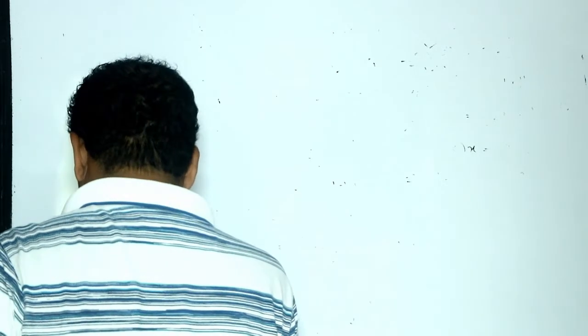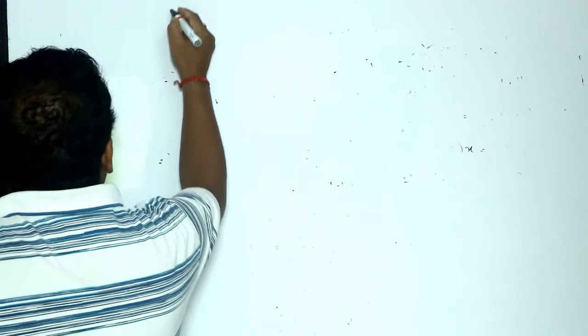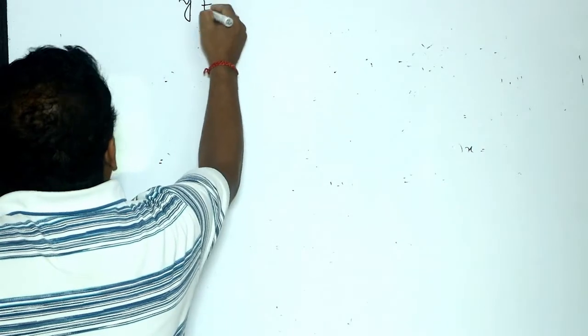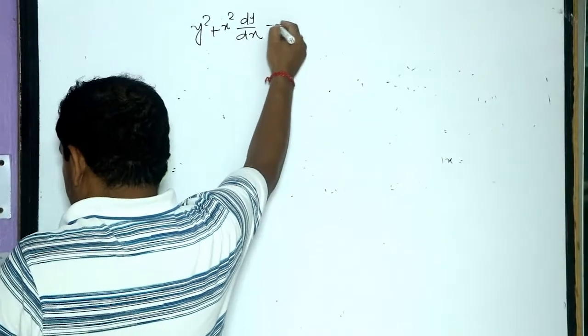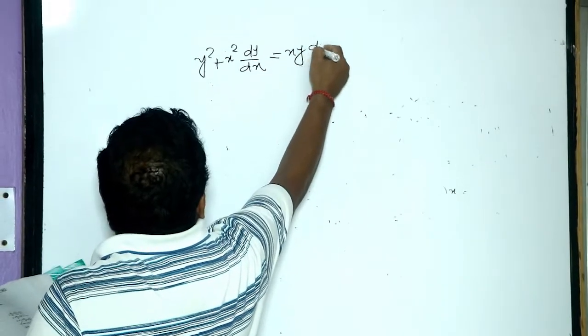Suppose the differential equation is of the form y square plus x square into dy by dx equals to xy into dy by dx.